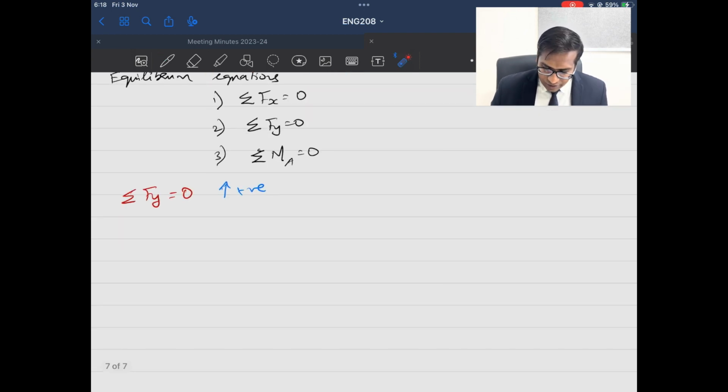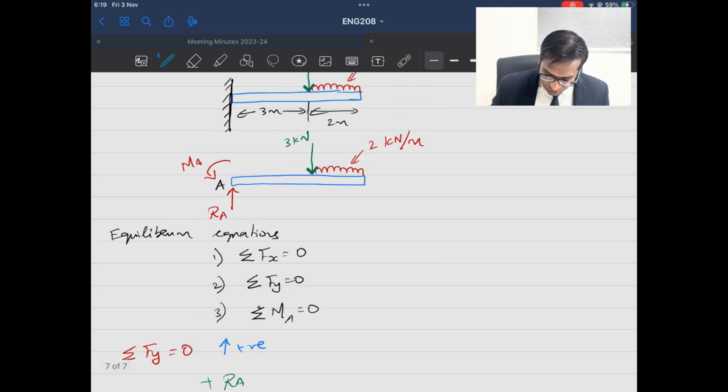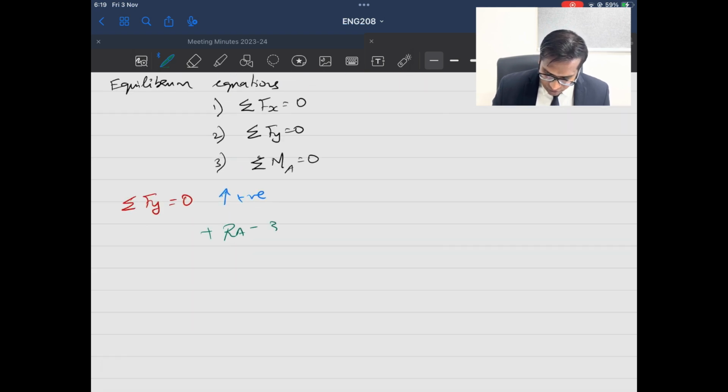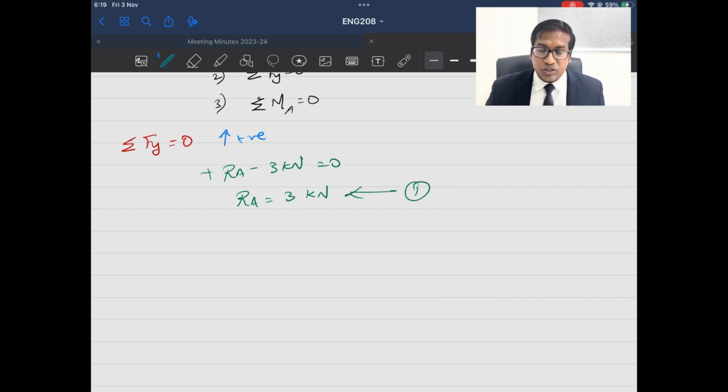So RA is positive and the load is negative: RA minus 3 kilonewton is equal to 0. So RA is equal to 3 kilonewton. I am done with finding one reaction force. Now I have to find only the moment.